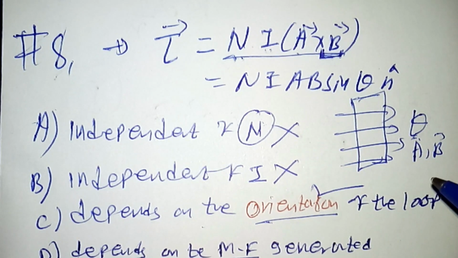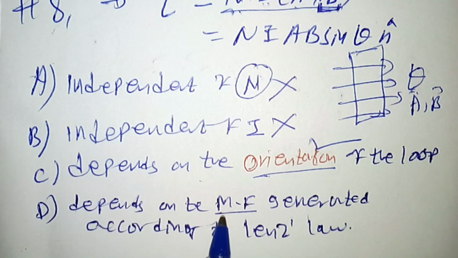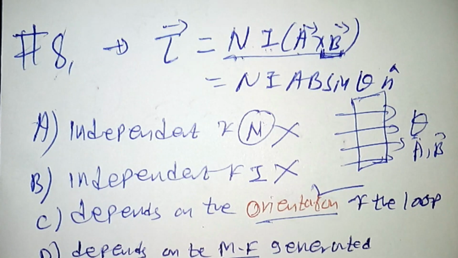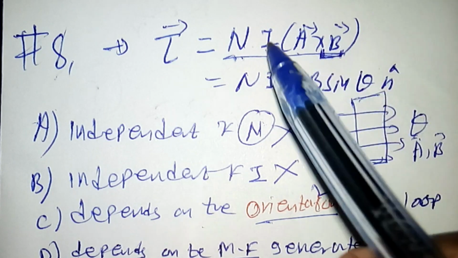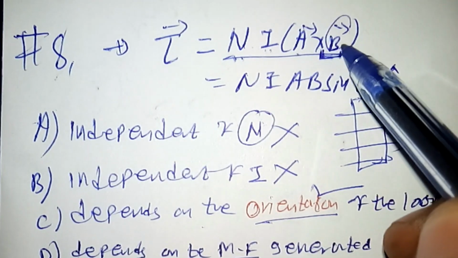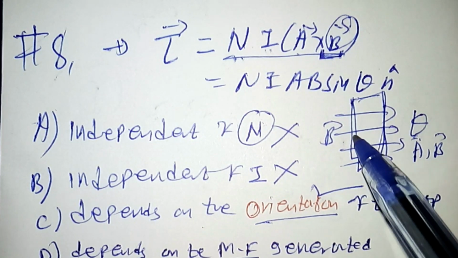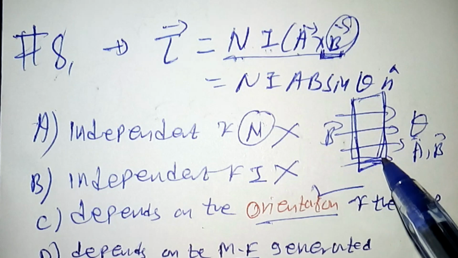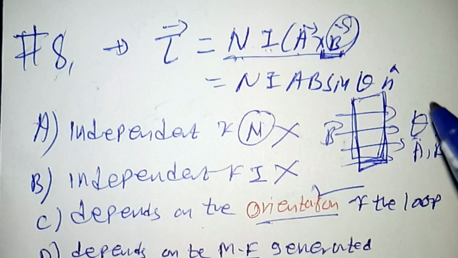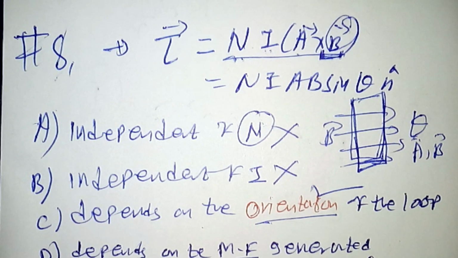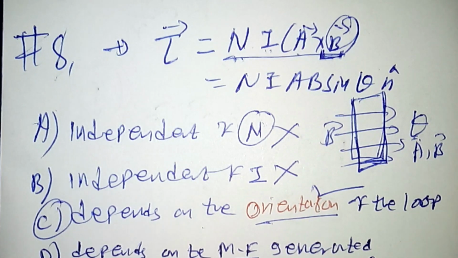So this is correct. The option that it depends on the magnetic field generated according to Lenz's law is wrong, because the magnetic field on which the torque depends is the external magnetic field in which the loop is lying, not the magnetic field produced by the loop itself. Therefore the correct answer is alternative C.